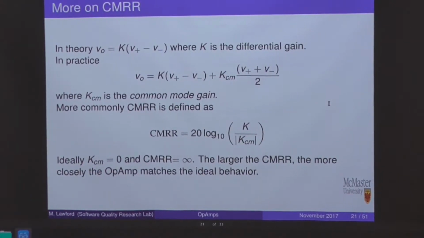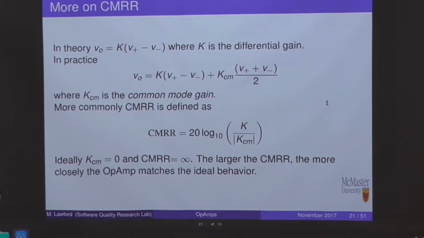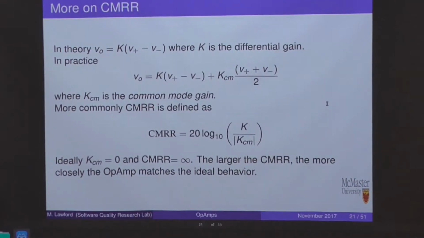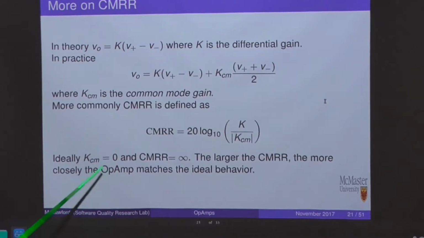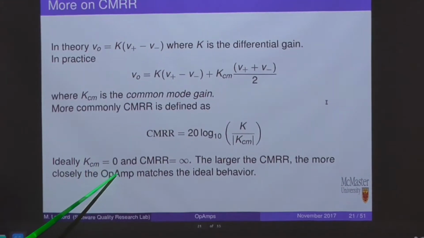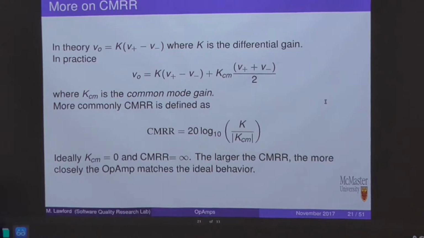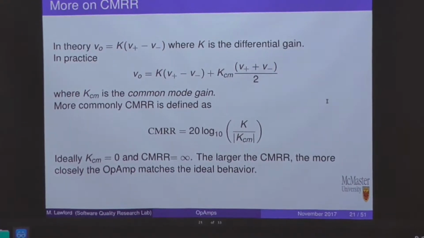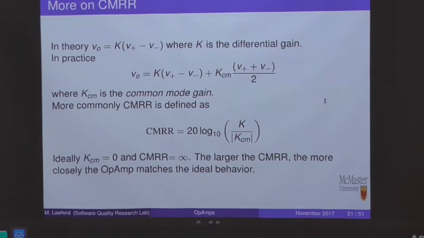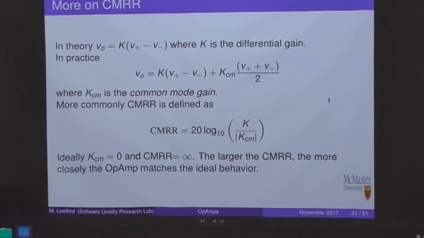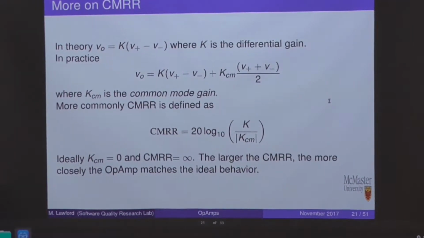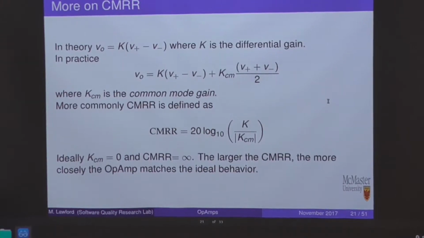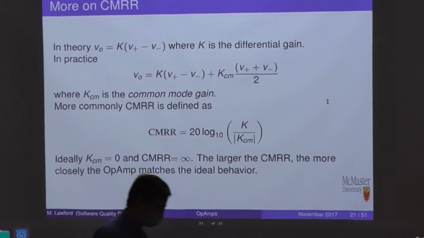This is measured in decibels, right? So for an ideal operational amplifier, the gain of common mode would be equal to 0, and the common mode rejection ratio would be infinite because all of the common mode is being rejected. The larger the CMRR is, the more closely the op-amp matches the ideal behavior.